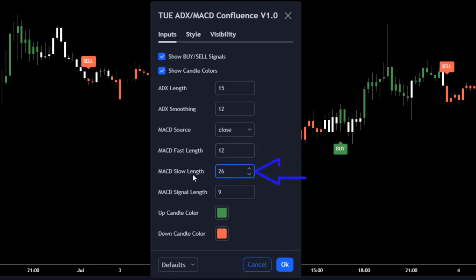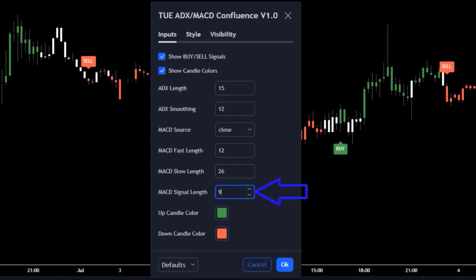Moving on to the MACD slow length parameter. It determines the number of periods for the slow line of the MACD, impacting its responsiveness to longer-term trends. We'll keep the default value of 26 unchanged as it works well for our strategy. Lastly, we have the MACD signal length parameter.